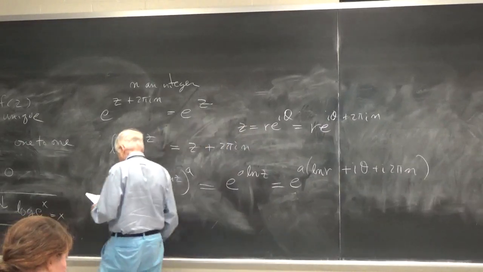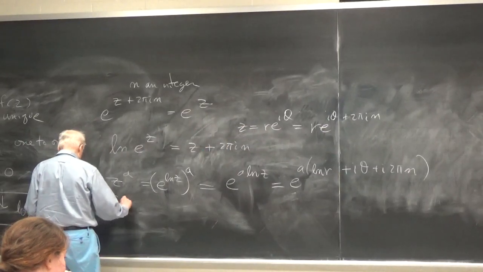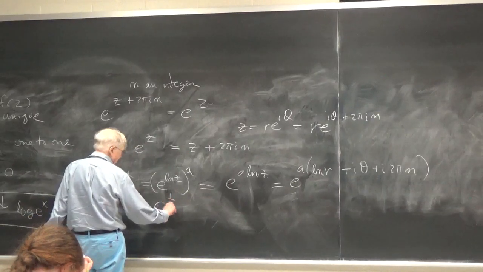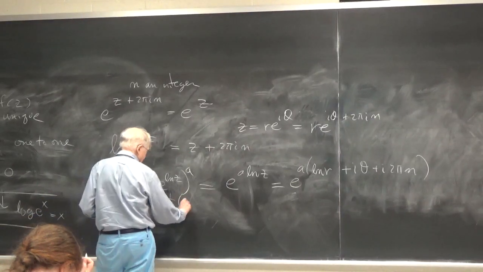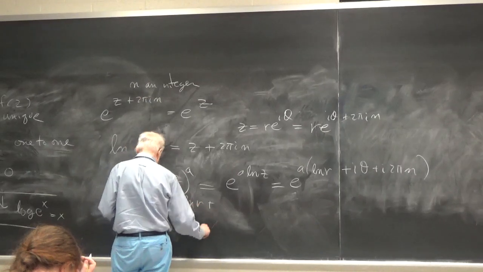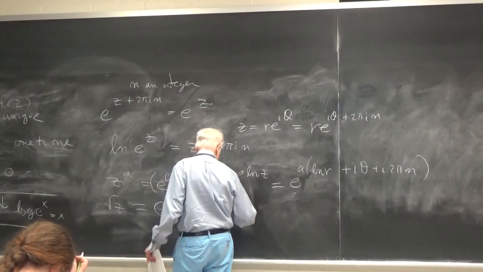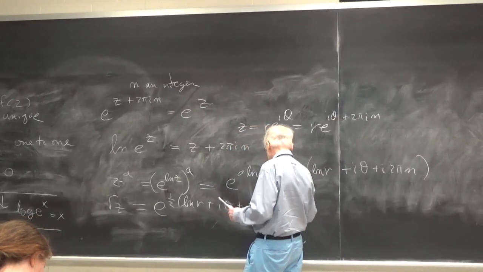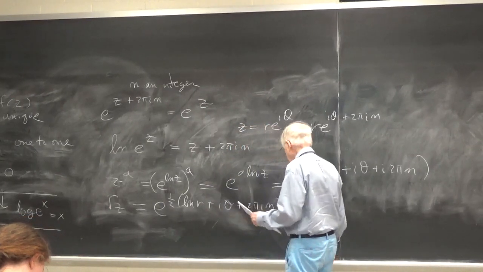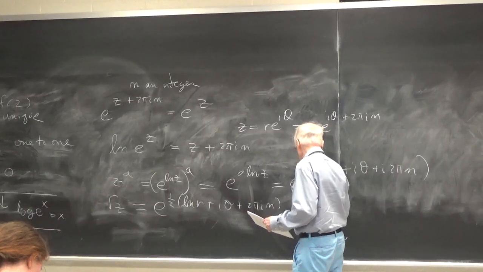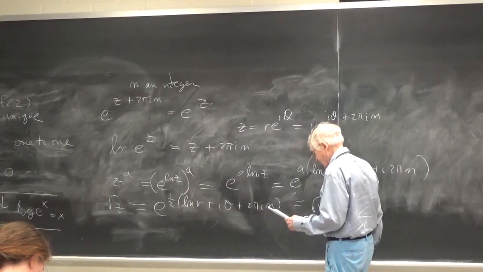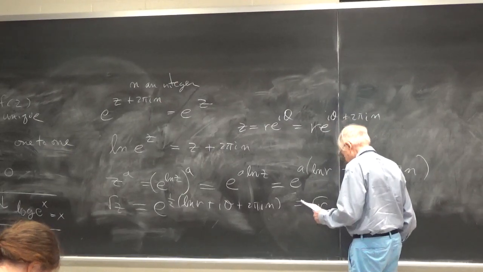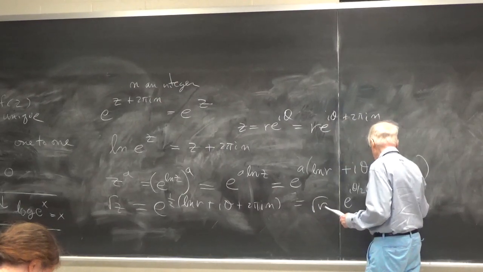And so, for example, if we have square root of z, well, that's going to be e to the 1/2 times log r plus i theta plus 2 pi i n. And so that's square root of r, being positive, e to the i theta over 2, but then we have e to the i n pi.